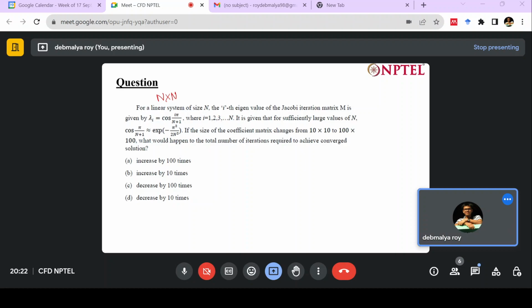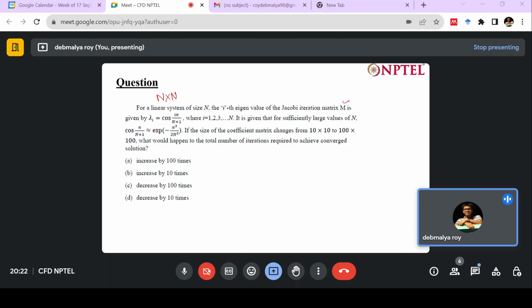And the ith eigenvalue of the Jacobi iteration matrix is given by this. This is an iteration matrix, not the A matrix, but its size will also be n cross n. So this is already given.